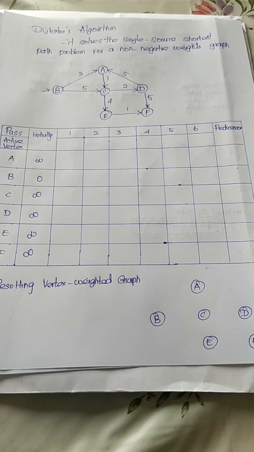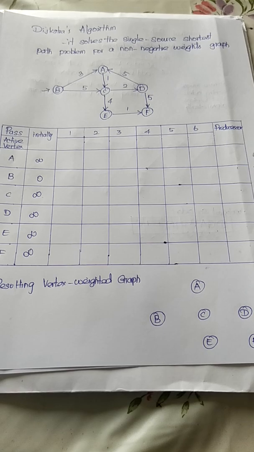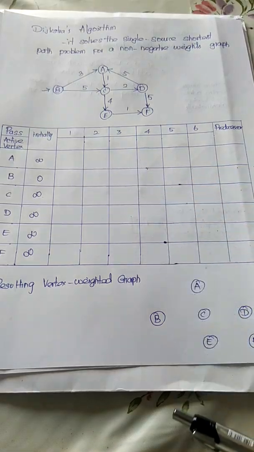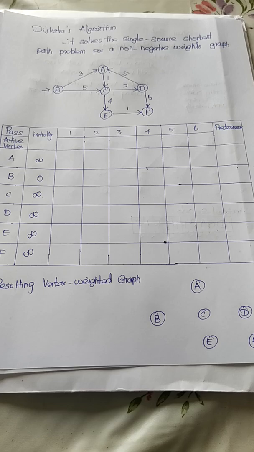So two things: when you finalize the cost, it should be the smallest, and second, the vertex should not already be finalized. Once it's finalized, it's final. You are not going to calculate the cost again. Recalculation of the cost is not allowed.